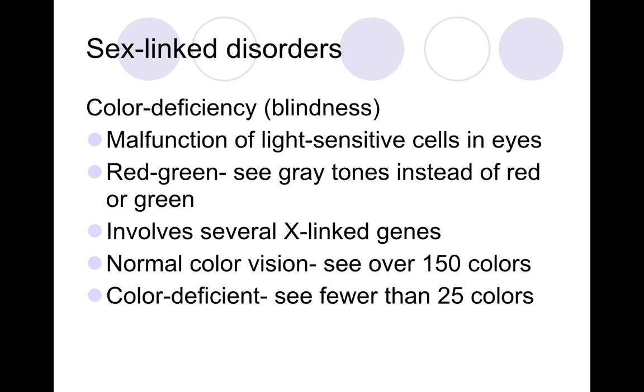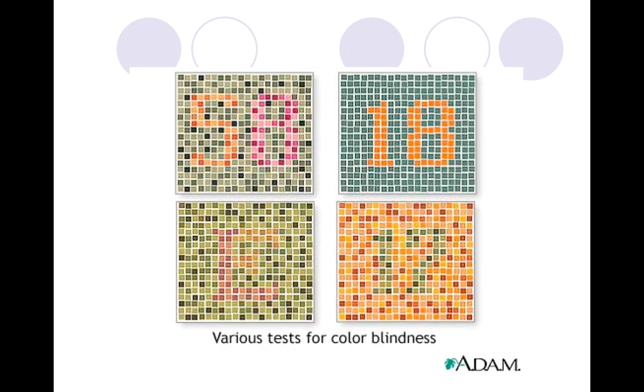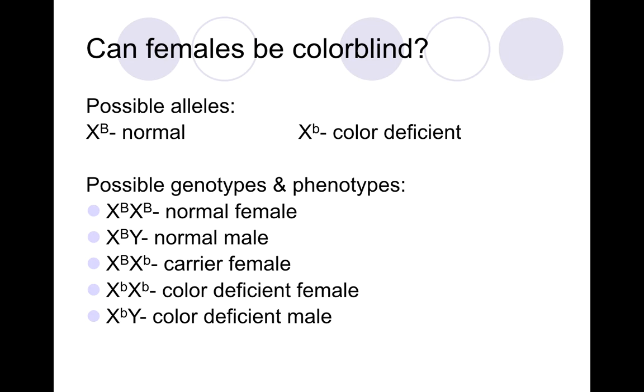So can females be colorblind? This is an example right here of a colorblind test that we'll do in class. Can females be colorblind? The answer to this is yes. Possible alleles are big X with a big B, which is normal, and X with a little b, which means you're color deficient, which means it's recessive. So here are your possible genotypes. Big X big B, big X big B, normal female.